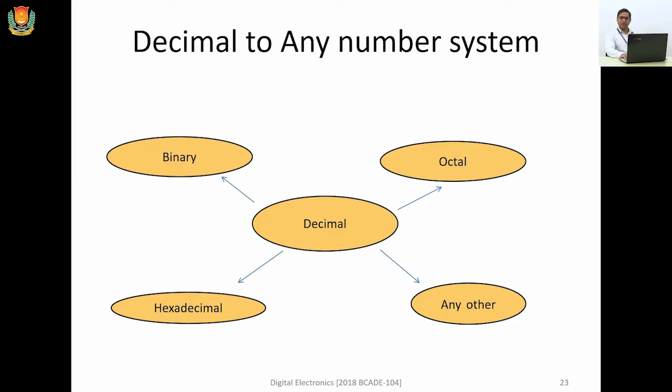We can use the same procedure for any other number system. Suppose the base value is 5 and I want to convert into decimal, we can use r as 5, or if I am considering a 6-symbol number system, we can use r as 6.